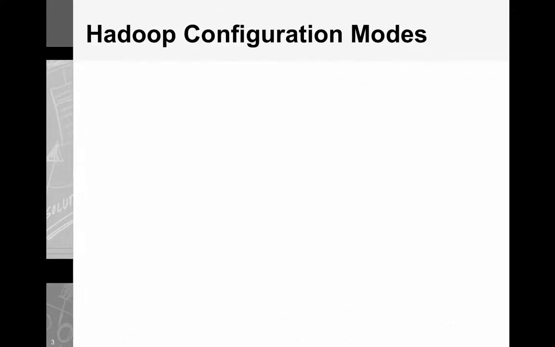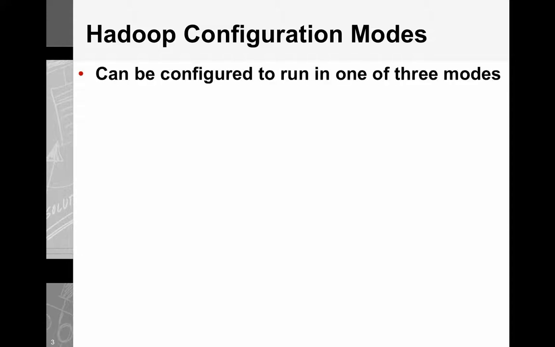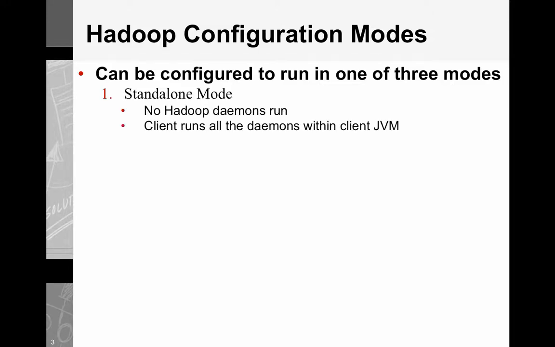Once you install Hadoop, Hadoop needs to be configured. Hadoop can be configured to run in one of three modes. Standalone mode. In standalone mode, there are no Hadoop daemons that run. The client runs all the daemons within one single JVM. This is great for testing purposes, but you don't really learn much about the Hadoop internals and the Hadoop architecture.